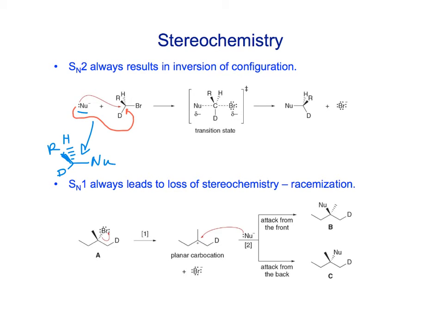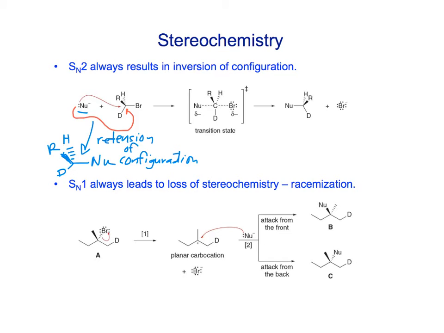So we would call this a retention of configuration. So if we start with R, we should get R. If we start with S, we should get S, as long as the nucleophile, the product, has the same order of priorities for determining R or S.